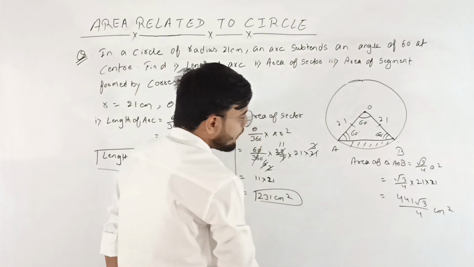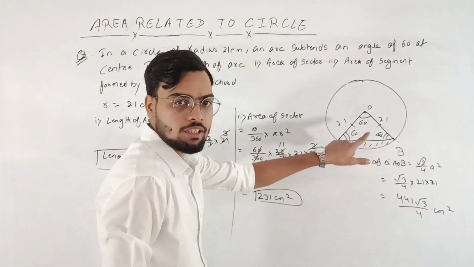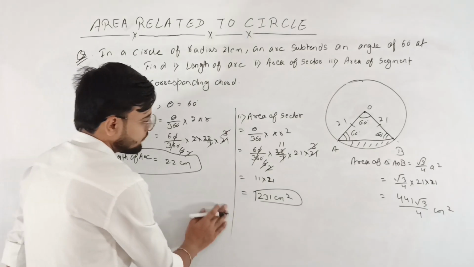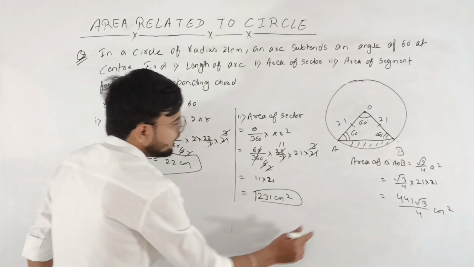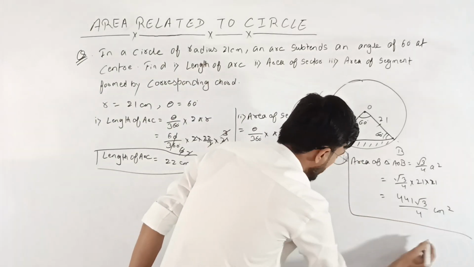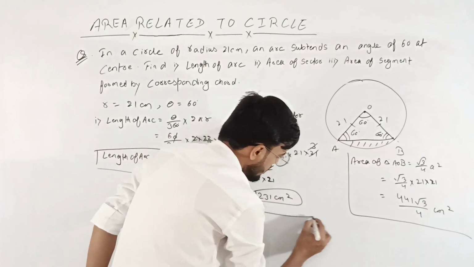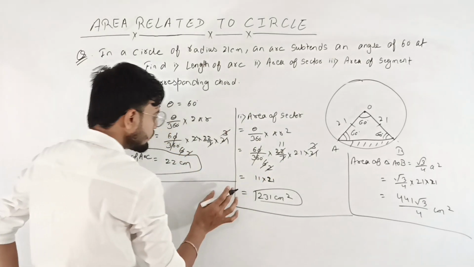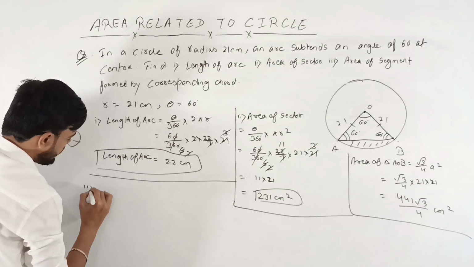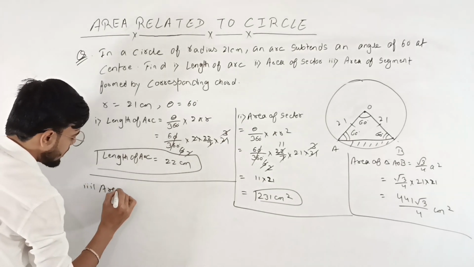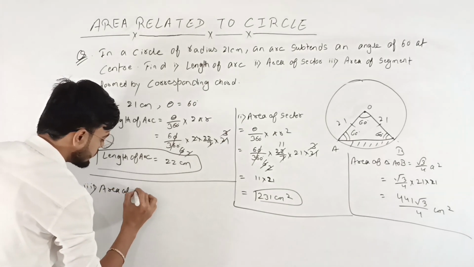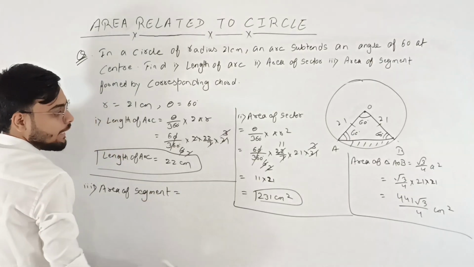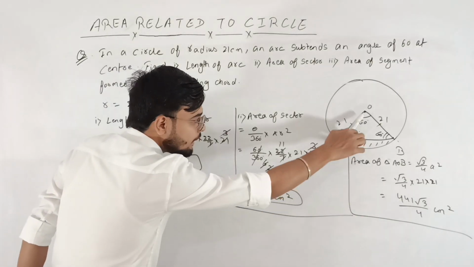Now we have to find the area of this segment. So area of this segment is area of sector minus area of this triangle AOB.